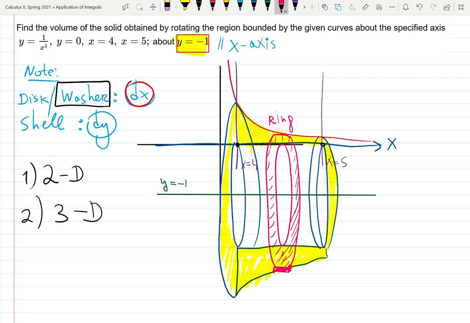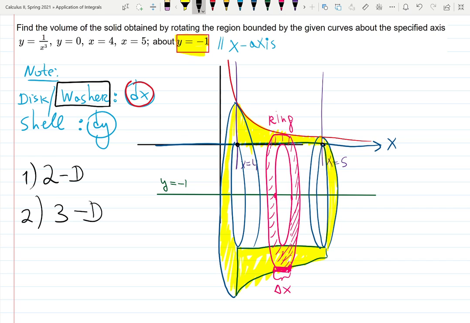Is it located on the x-axis or y-axis? The thickness is this. You see, it's projected onto the x-axis. So that's how you know it's going to be the dx case, because dy would give you the height of that ring.